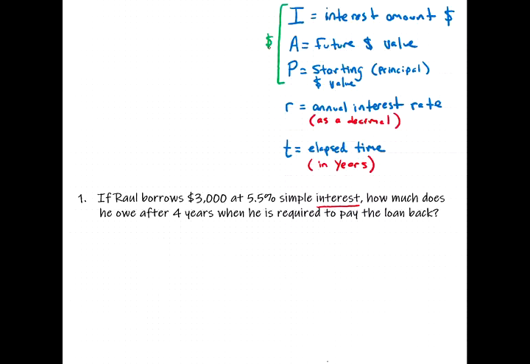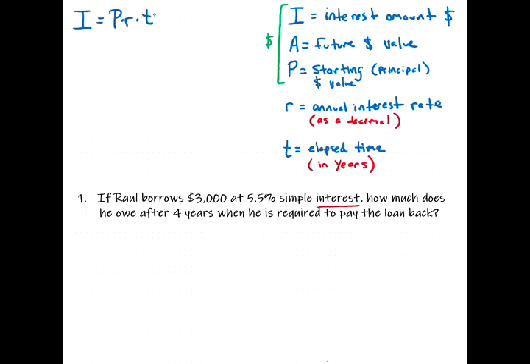Okay, so with simple interest, to calculate the total amount of interest, it's some percentage of the starting amount. And of means multiply, so we need to multiply P times r. And that's for the annual, which means per year. So that's for 1 year. Now, if this is happening for multiple years, we have to multiply it by the number of years.